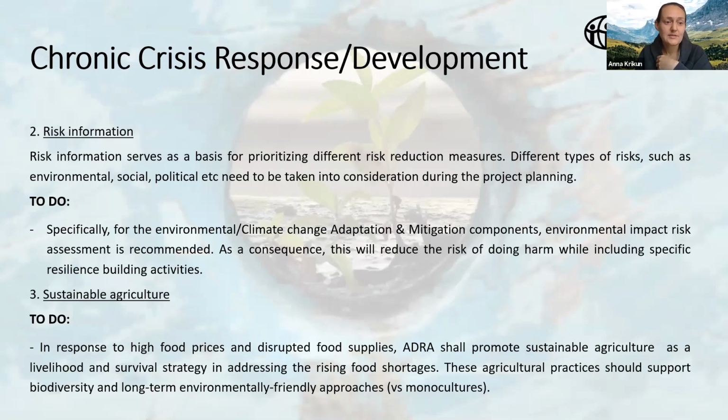Another aspect is sustainable agriculture. We are looking to work on sustainable agriculture that is environmentally friendly and supports biodiversity, as opposed to, for example, promoting monocultures or chemical fertilizers. There is some discussion whether we should call it climate smart agriculture or sustainable agriculture, because sometimes climate smart agriculture could be seen as agriculture that is just adapting to climate change but not supporting biodiversity.